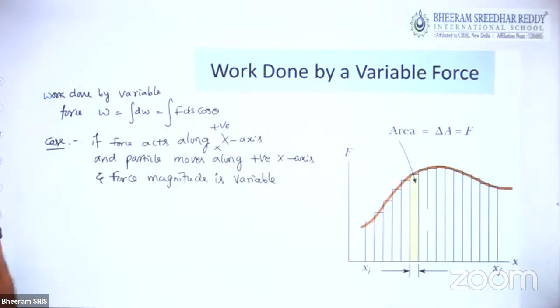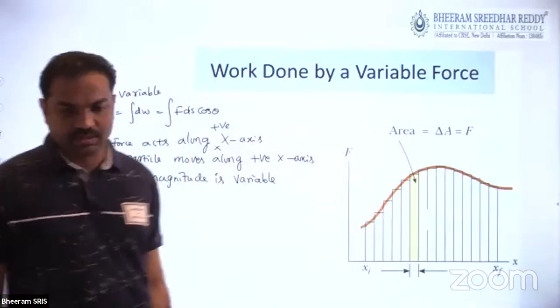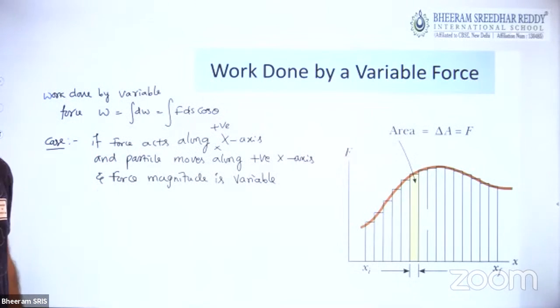Okay, read the statement once and forget about this. I'll explain this part. First, concentrate on what I'm explaining. Work done by variable force means we need to integrate. That we know already.